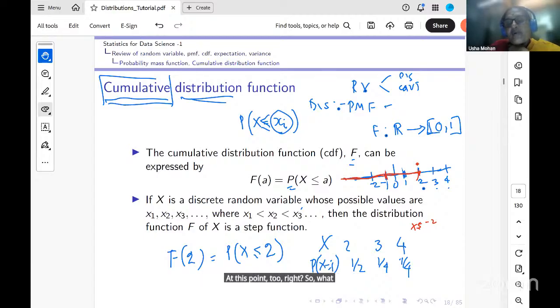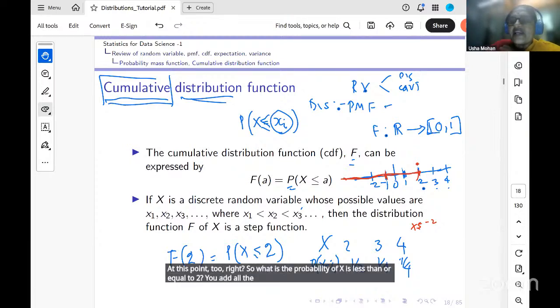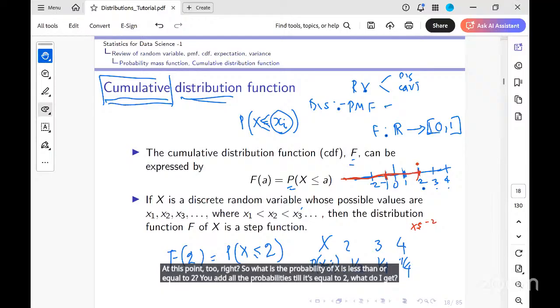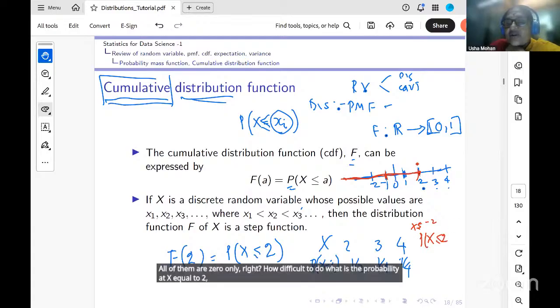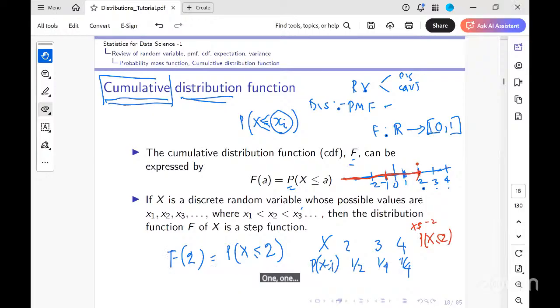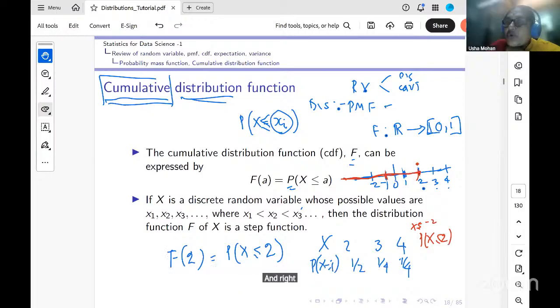So what is the probability of X is less than or equal to 2? You add all the probabilities till X equal to 2. What do I get? 0 plus all of them is 0 only, right? At X equal to 2, what is the probability X is less than or equal to 2? It is going to be 1 by 2 because probability X equal to 2 is 1 by 2. Is that clear? Yes, ma'am.